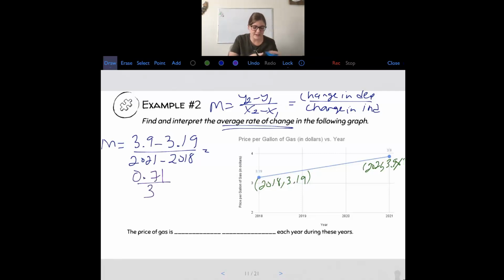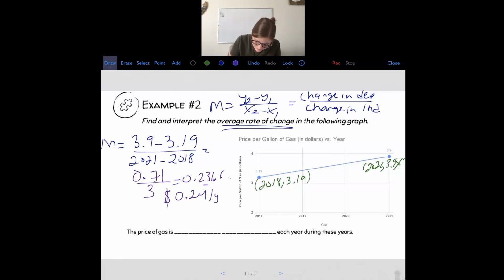If we divide this, we get 0.236 and so on. I didn't tell you where to round, but since it's money, we'll round to the cents place. So we would get 0.24. Now remember our units. We've got price per year. So this is 24 cents per year.